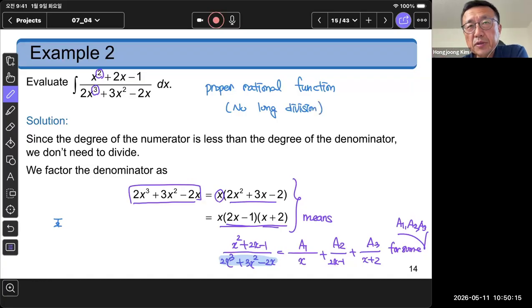So you can go to the next step. You factor the denominator as a product of linear factors and irreducible quadratic factors.